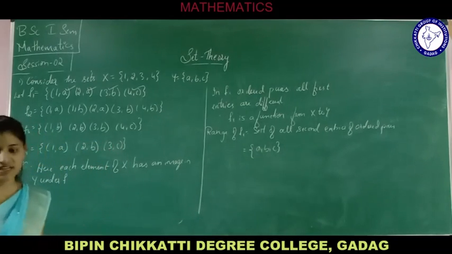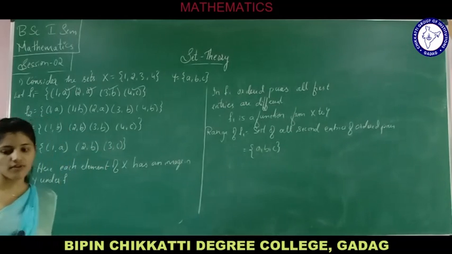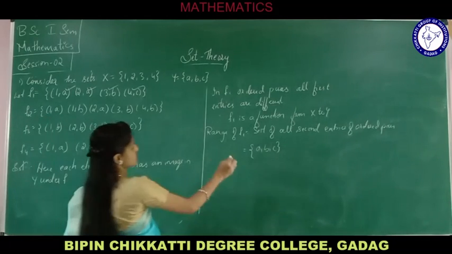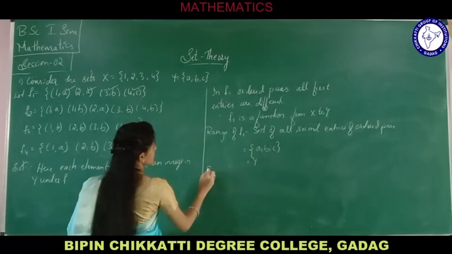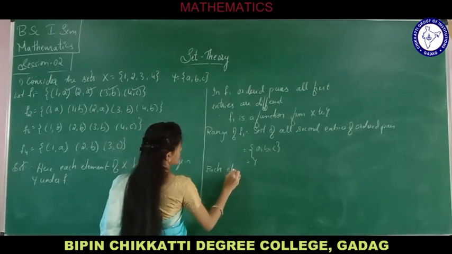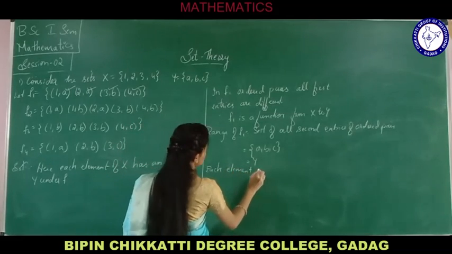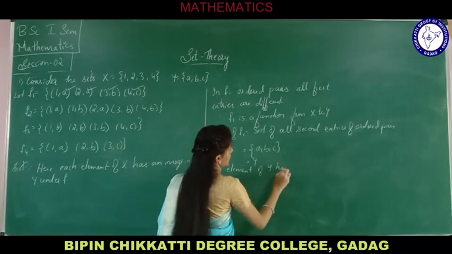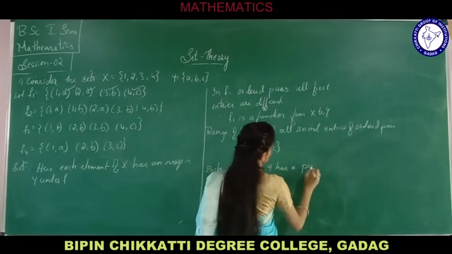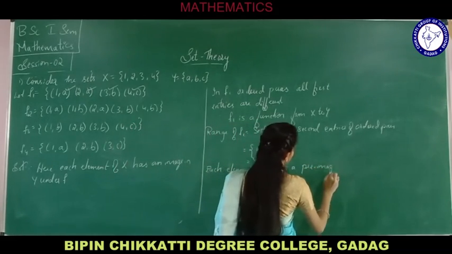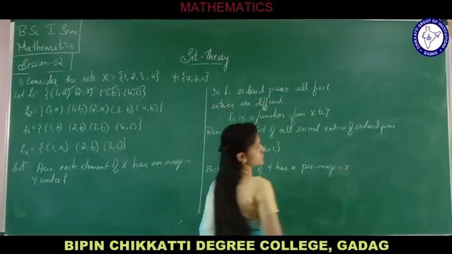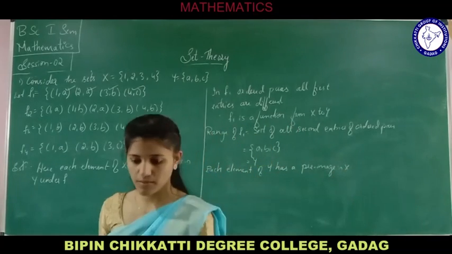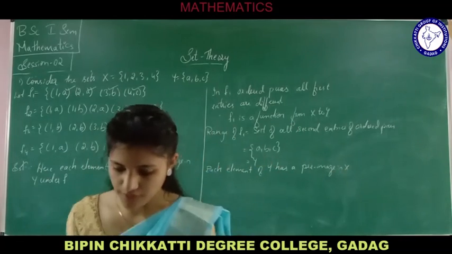So each element of Y has a pre-image in X under f.